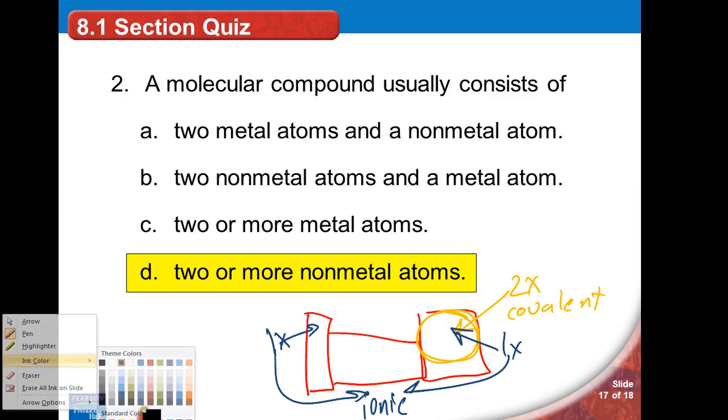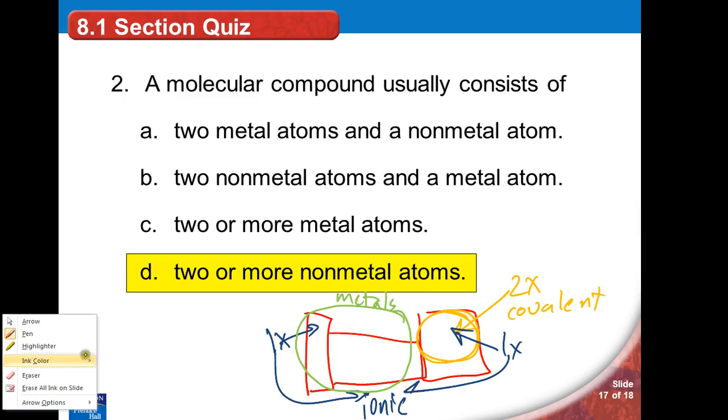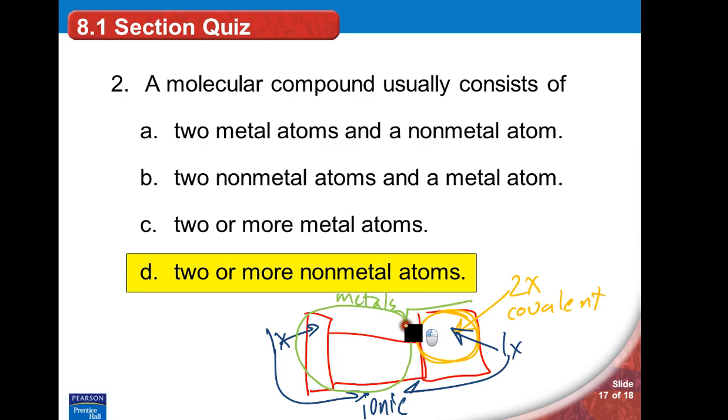The section over here, these are called the metals, right? That's where the metals are, both transition metals and alkaline earth and other types. And then the section on the right, over here, that is called the non-metals.